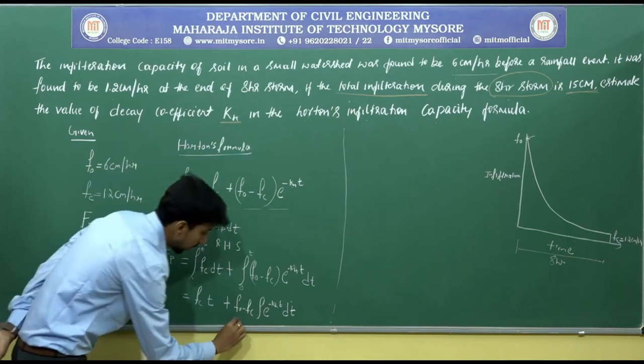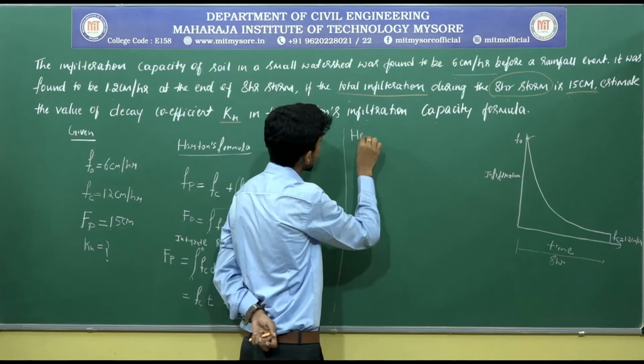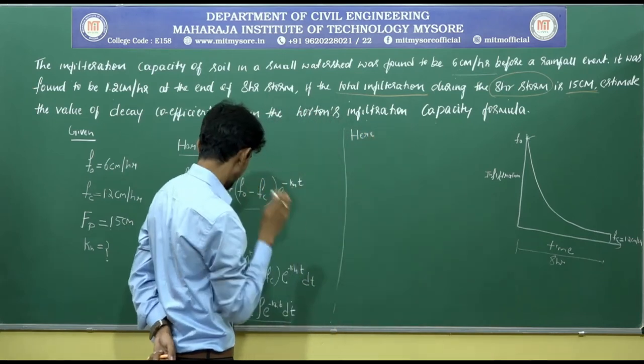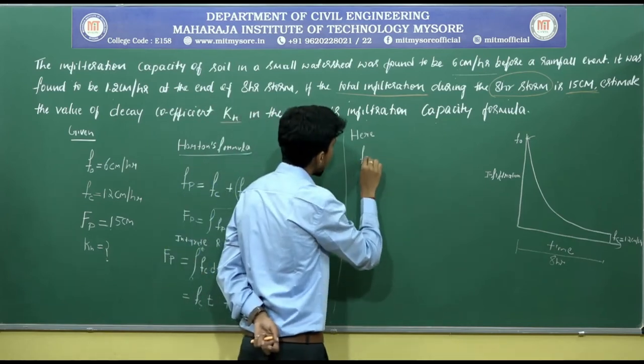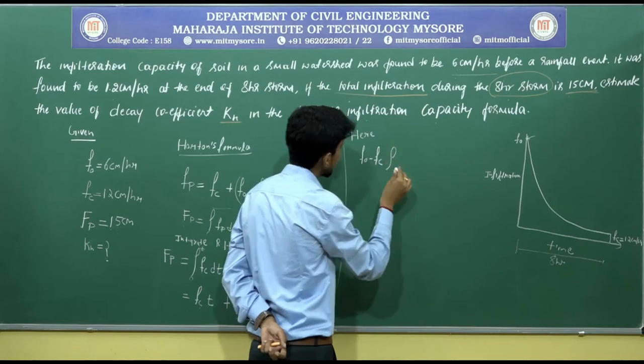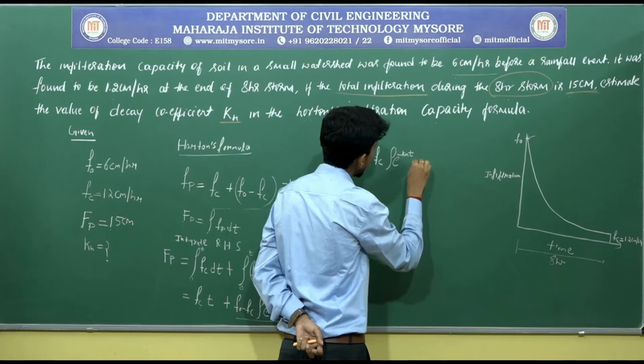Now we need to integrate only this term: f naught minus fc, integration of e power minus kh t dt.